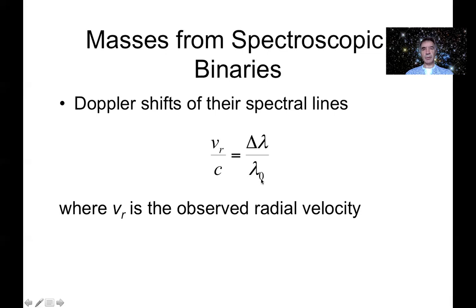So lambda naught is your laboratory wavelength, rest wavelength, if you like. And delta lambda is the shift in wavelength from that. So it's the observed wavelength minus the rest wavelength. And that ratio is the same as the radial velocity of the object relative to the sun divided by c. So VR here is our relative radial velocity.